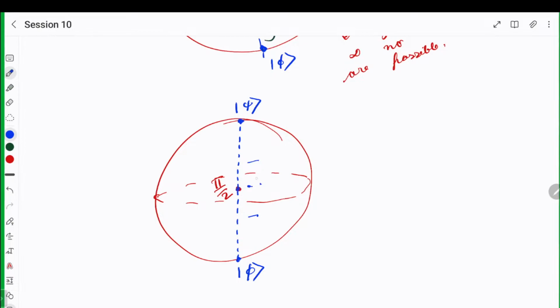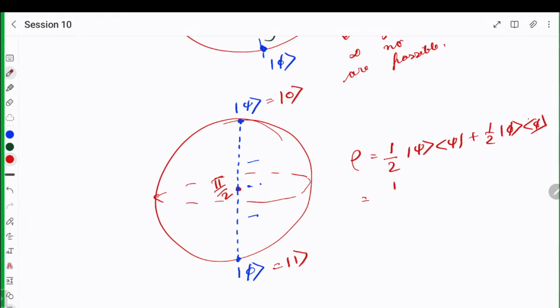If it is in the ratio 1:1, then how will the density matrix look? It would be half psi psi plus half phi phi. And actually, if you see that I have drawn it along the z-axis, this is nothing but ket 0, this is nothing but ket 1. So you can write it as half 0 0 plus half 1 1.